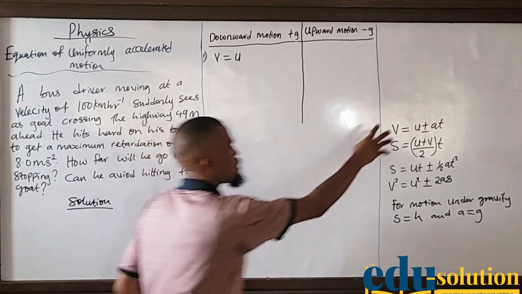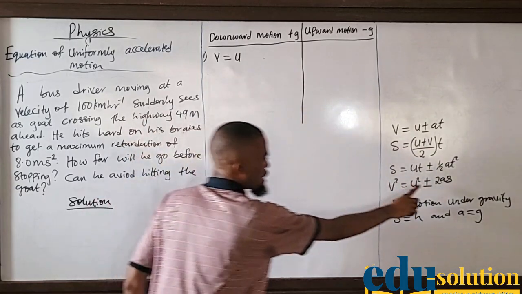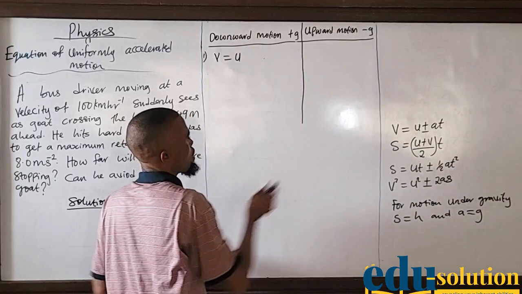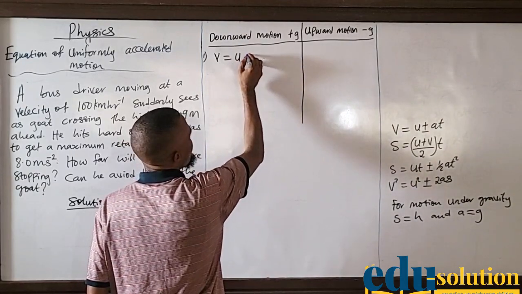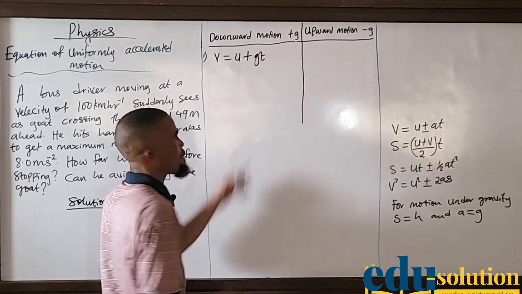So now this equation we have here, I want to put it here. I will use only one sign; I'm not using plus and minus again. Since it's a downward motion, if I rewrite this, I will have V is equal to U plus GT. Of course, I'm not using A again.